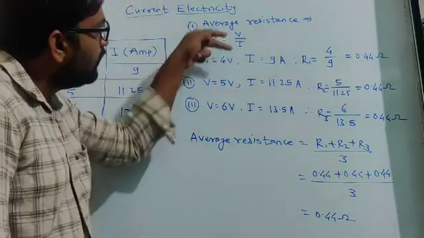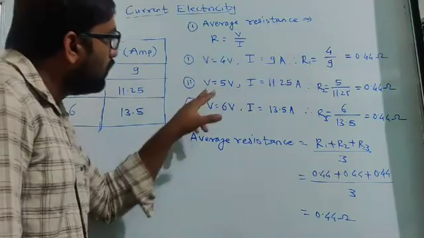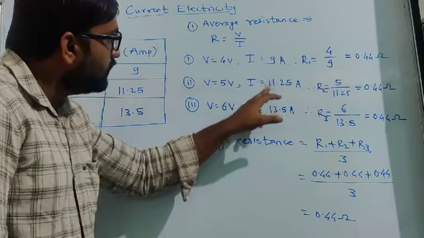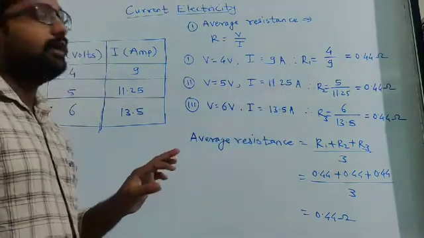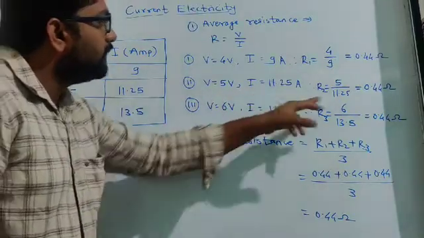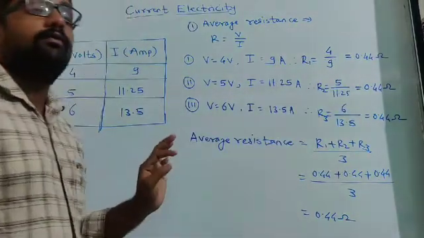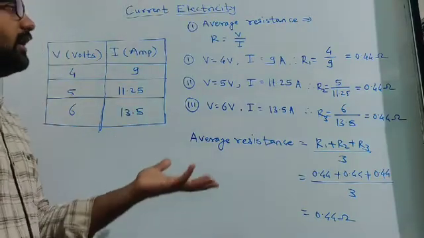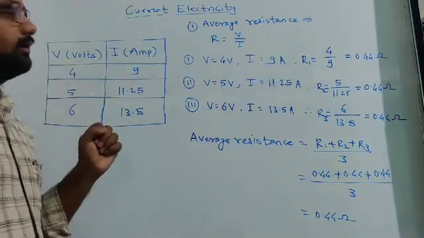Resistance is given by voltage divided by current. Voltage is 5, divided by current, which is 11.25 ampere. So it will be 0.44 ohm again. Simply, we know resistance is the ratio of voltage divided by current.